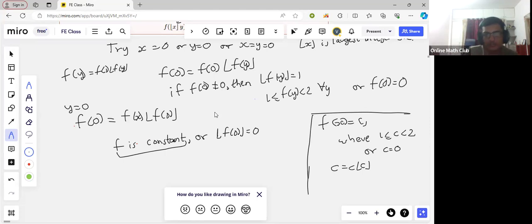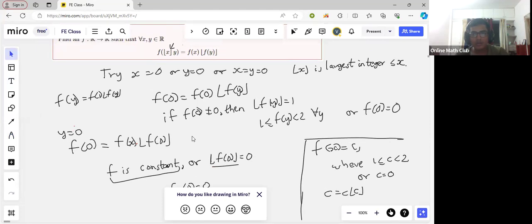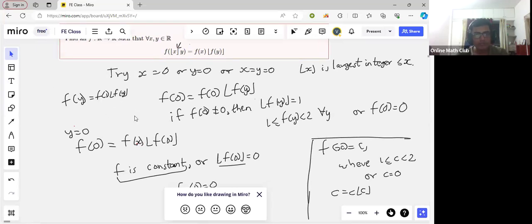And otherwise, we get floor of f of 0 is 0, so we get f of 0 is 0, right? So you have essentially shown that f of 0 must be 0. Is this fine for everyone?